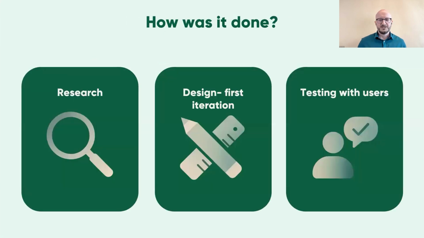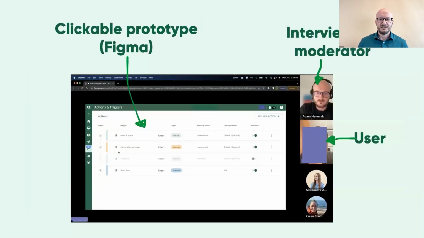So what we did, we went out to our user volunteers. We have a user panel that has people who want to volunteer and help us in our work on the product. We reached out and asked them to help us test it.